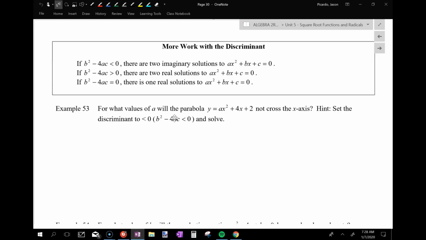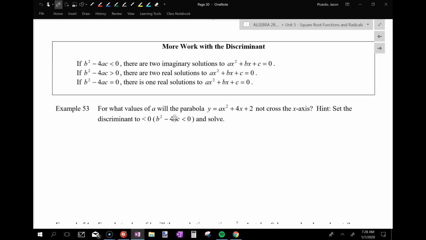So here I give you some different ways that weird questions can be asked involving the discriminant. Here's one of them, okay? I give you a parabola in variable form, right? So I say it's ax squared plus 4x plus 2, right? I don't tell you what the value of a is, but I don't want it to cross the x-axis.